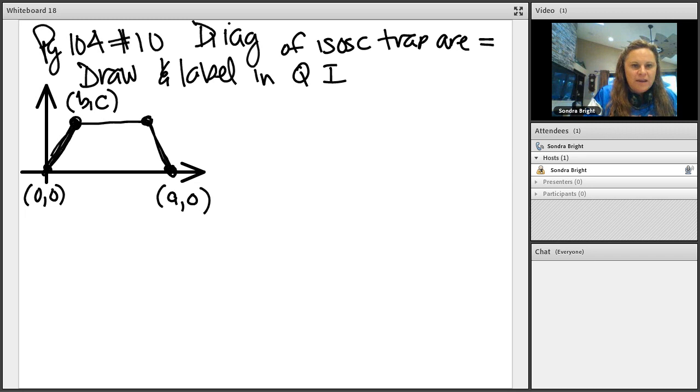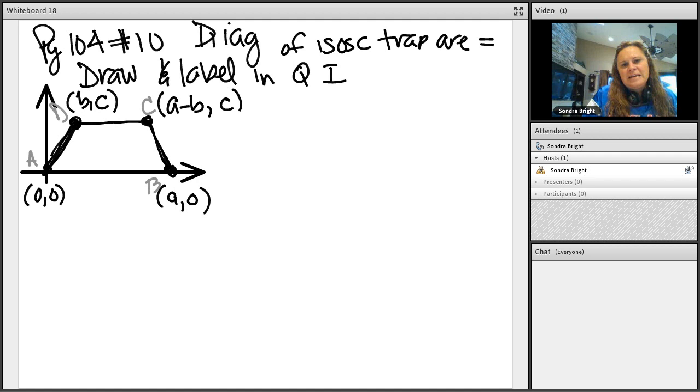This point right here will have the same y value as this point, so it'll be c, and then the x value will be a minus b. All right, and let me label these as point A, B, C, and D, just to make my life easy.